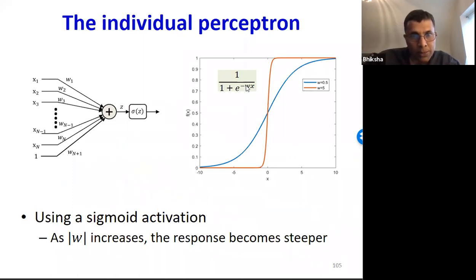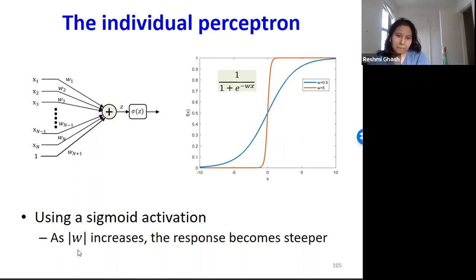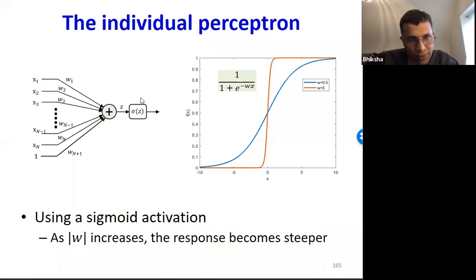And when W becomes infinite, the sigmoid activation is essentially going to become a step function, a Heaviside function. You see that? Questions, anyone? None on chat. Anybody else? So you see why this happens, right?